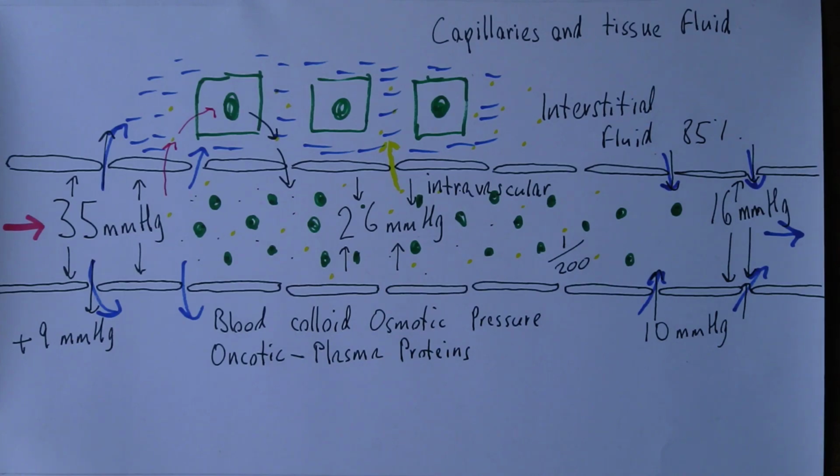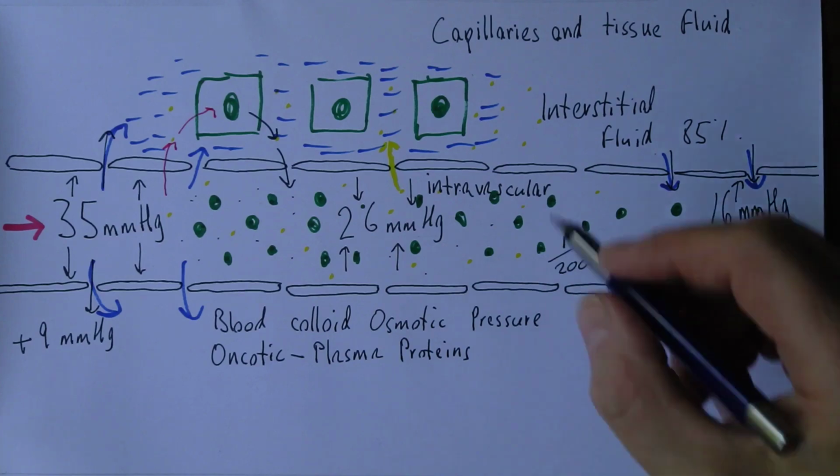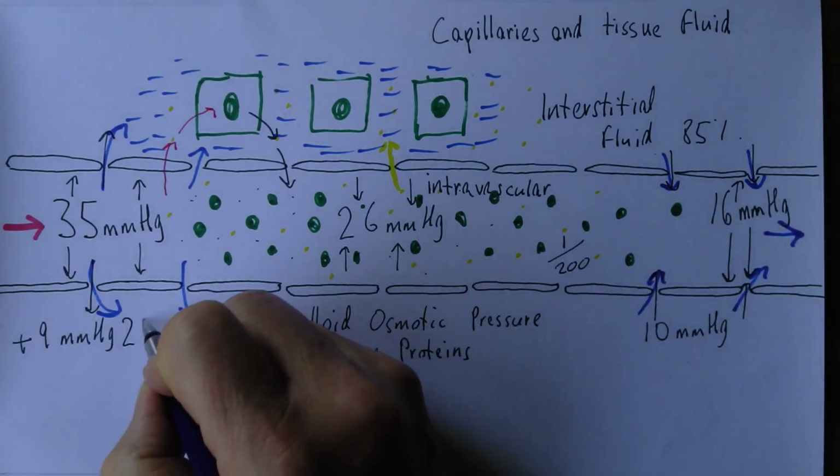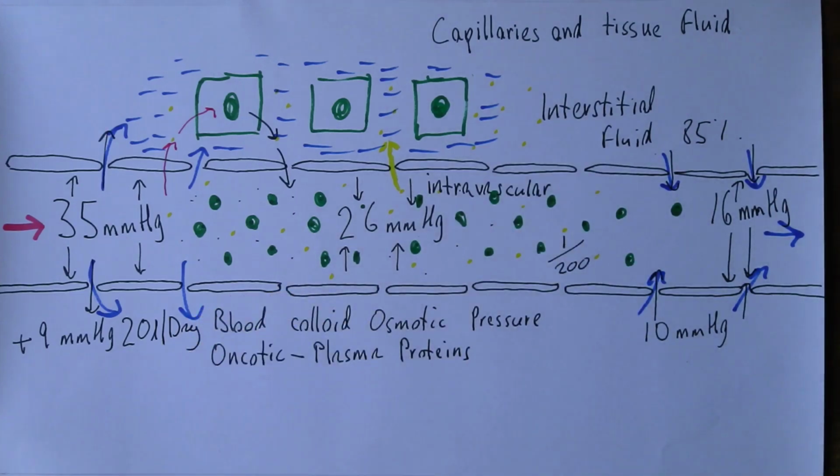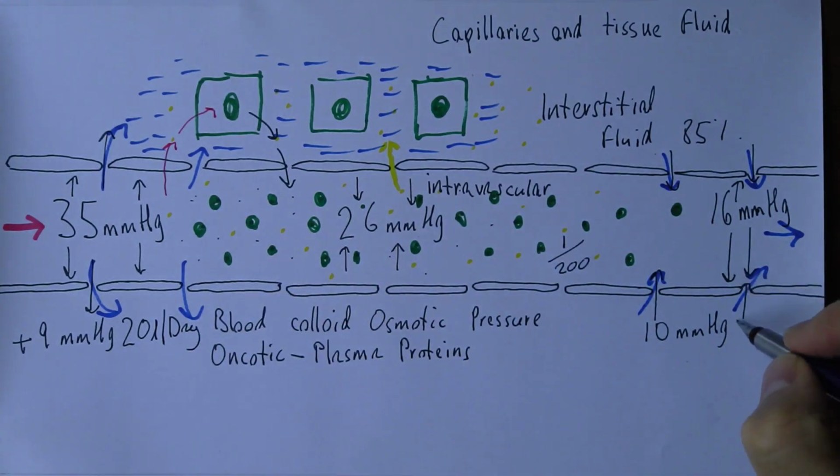And people have calculated that all over the body, maybe 20 litres a day of tissue fluid is formed. And about 17 of that is simply reabsorbed. But of course that leaves another 3 litres or so that's not reabsorbed.